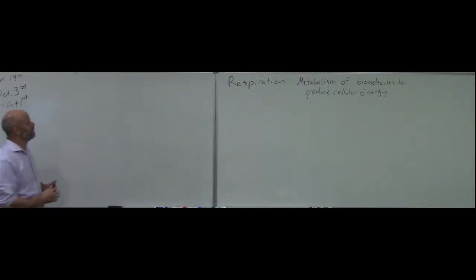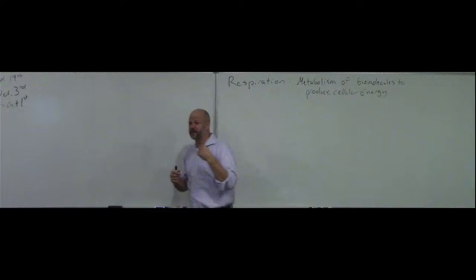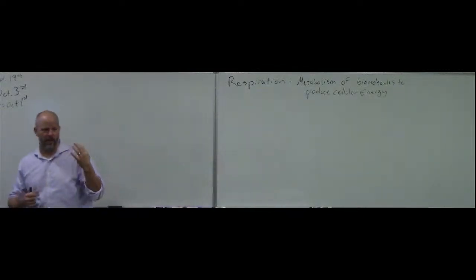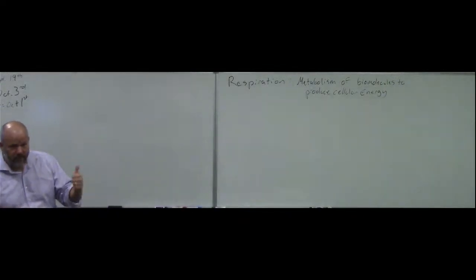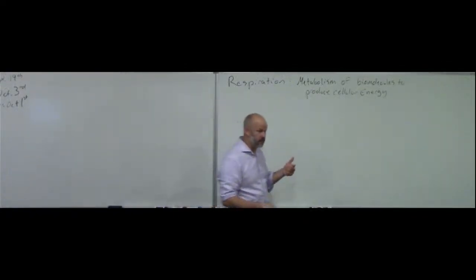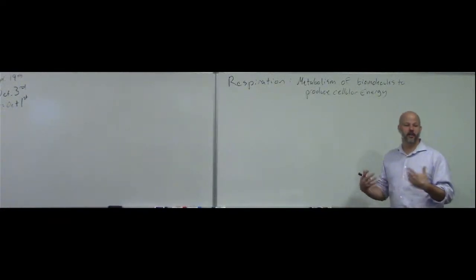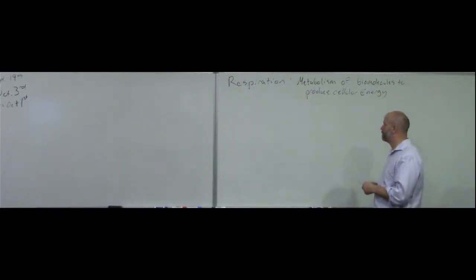Catabolism, right? Good. So you can catabolize all four major classes of biomolecules: the lipids, the proteins, the nucleic acids, and the carbohydrates. Some of them you tend to use more than others.